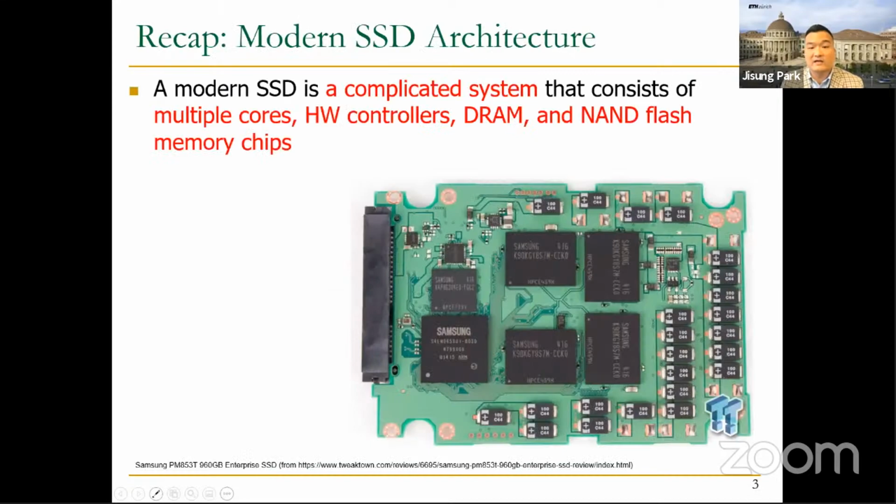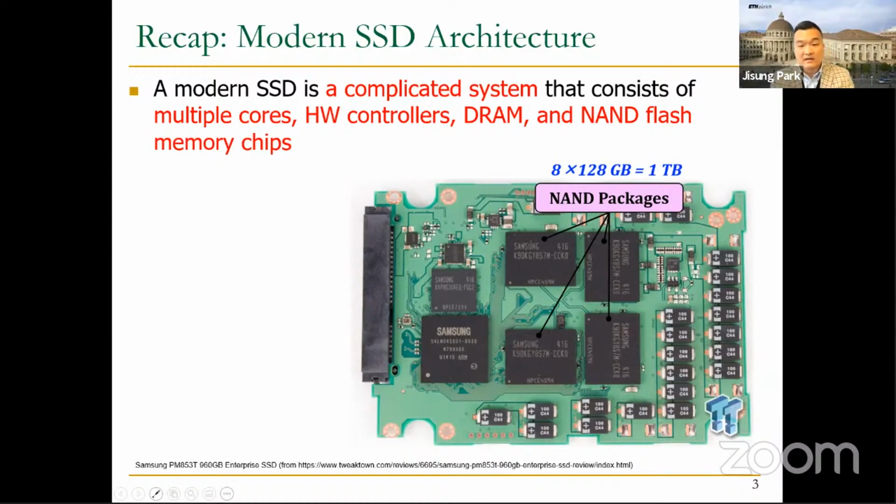So recall the architecture of modern SSDs that we briefly reviewed at the last meeting. A modern SSD contains multiple NAND flash packages. For example, this 1 terabyte SSD consists of 8 NAND packages, including the 4 at the bottom side, each of which has a 128 gigabyte capacity.